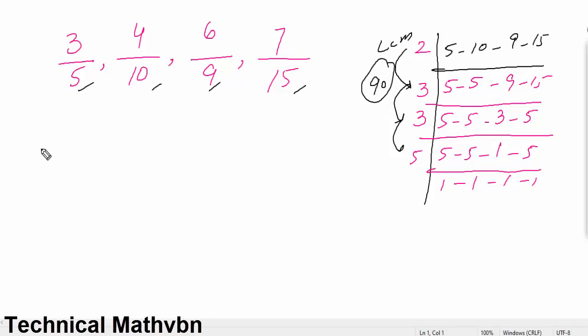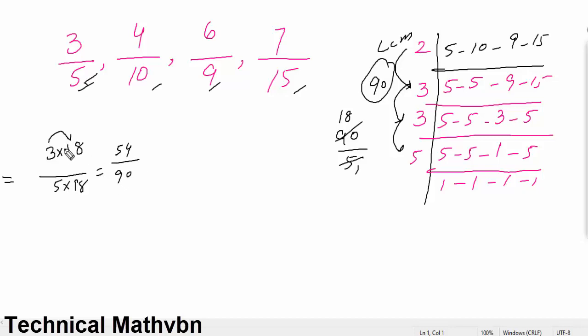LCM is 90. Now take this fraction 3 over 5. Take this 5, divide into 90: 5 eighteens are 90, so 18. So 3 multiplied by 18, 5 multiplied by 18, this fraction will become 54 over 90.